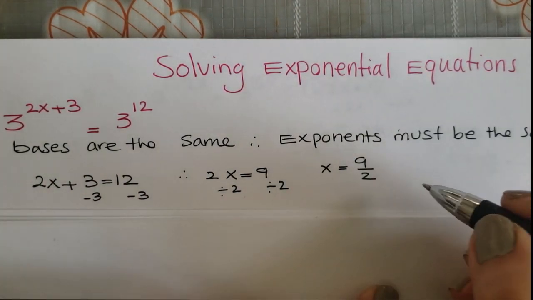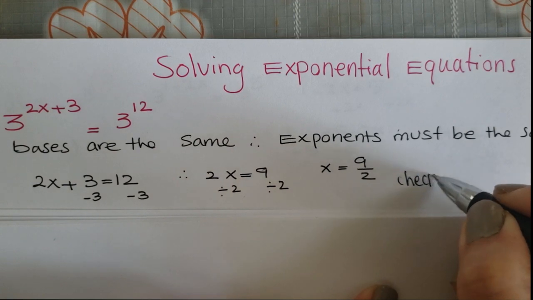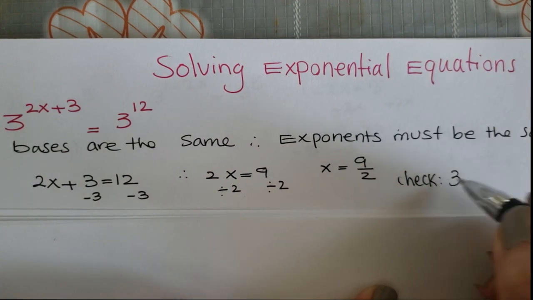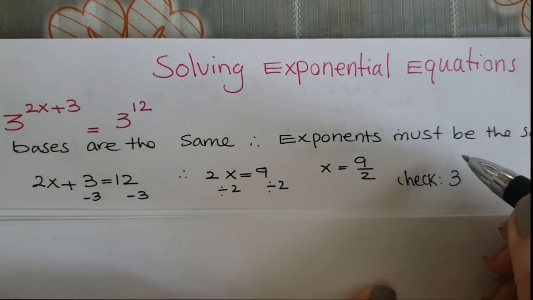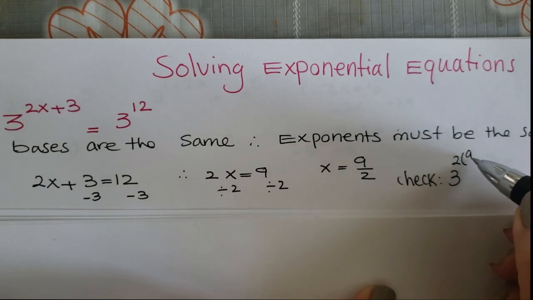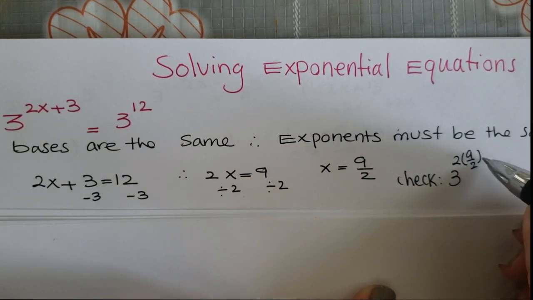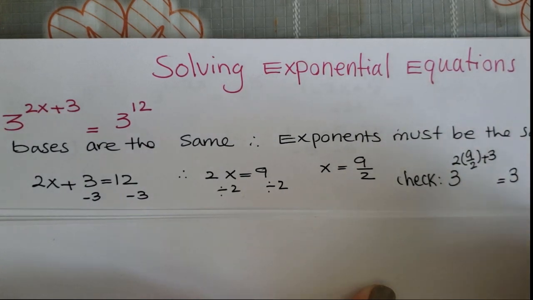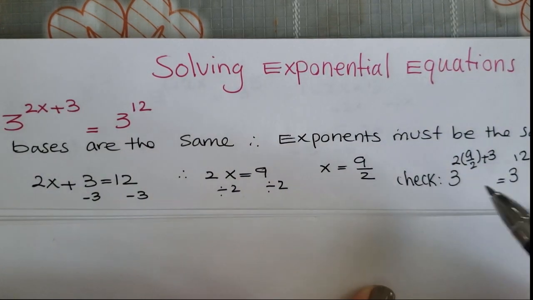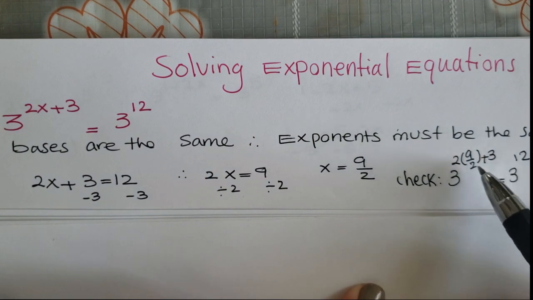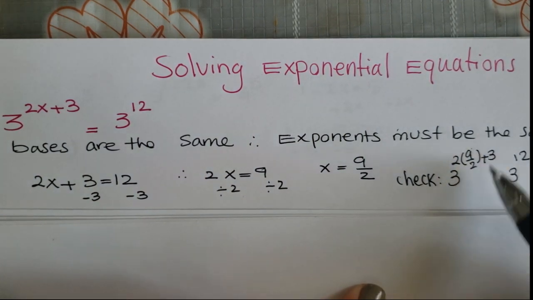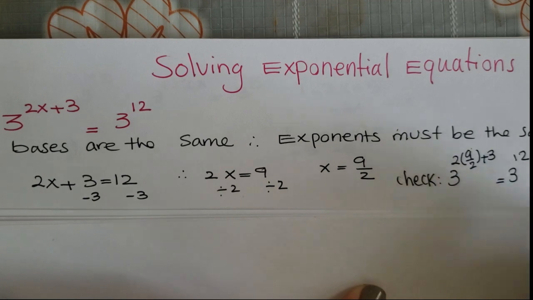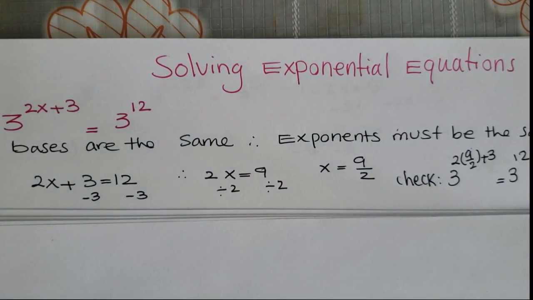So let's check the answer. I have 3 to the power 2 times 9 over 2 plus 3, and we want to make sure it's equal to 3 to the power 12. 2 times 9 over 2 is 9, plus 3 is 12. So that means that's the correct answer.